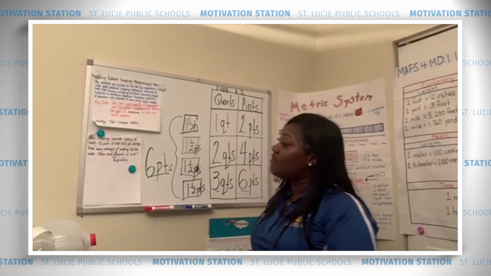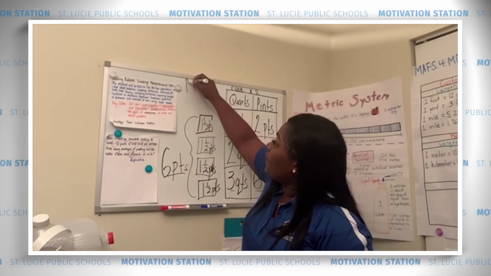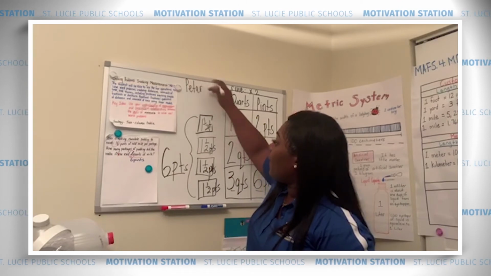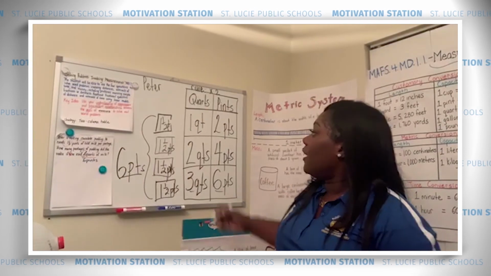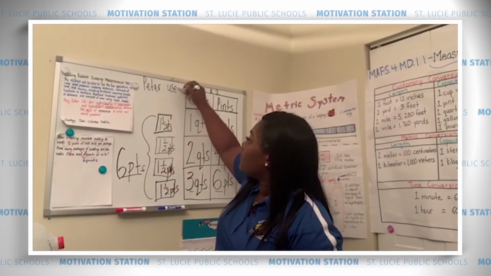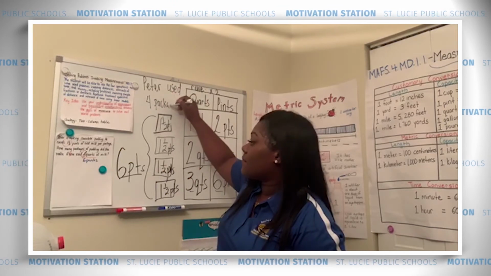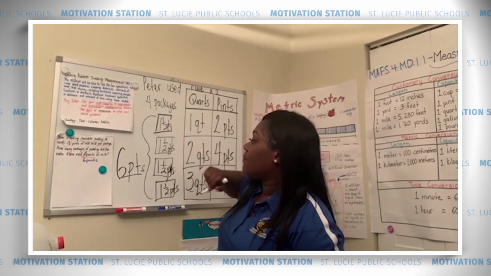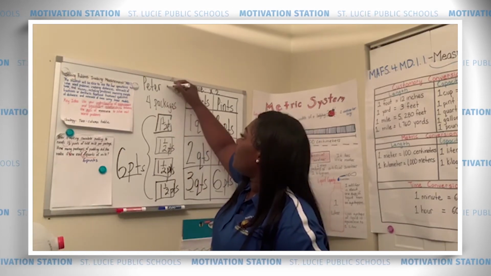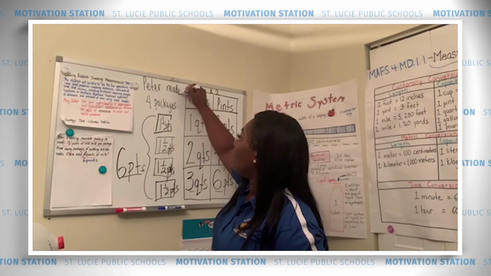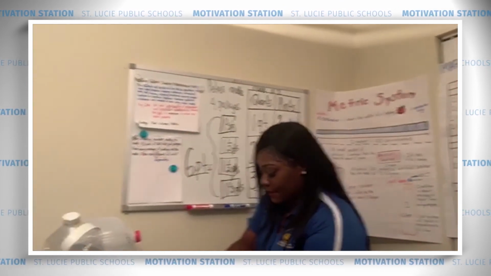How many packages of pudding did he make if he used 3 quarts? Peter, how many packages do you see here? 4. Peter made, sorry, not used, Peter made 4 packages.